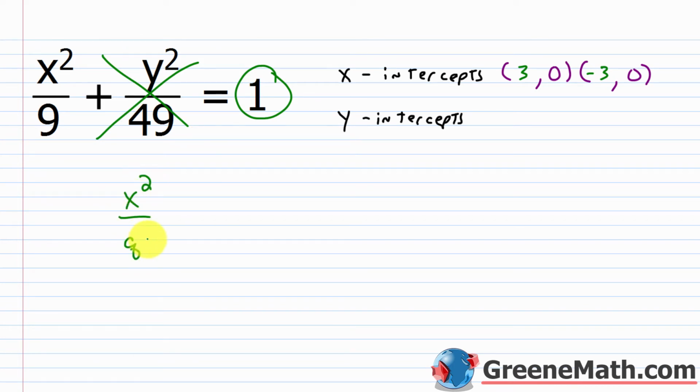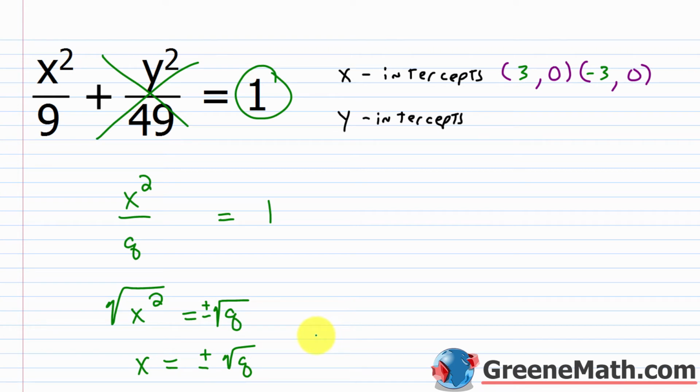Doesn't matter what q is, it's just a placeholder for now. And this equals 1. Well, I'm always going to multiply both sides of the equation by q. So I'll have x squared equals q. And to solve this, I'm going to take the principal and negative square root of q every time, right? So x would equal the positive and negative square root of q.